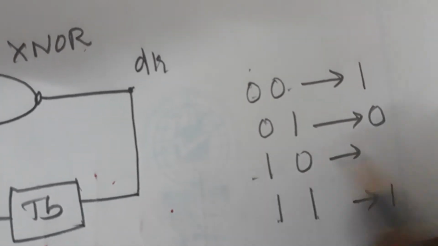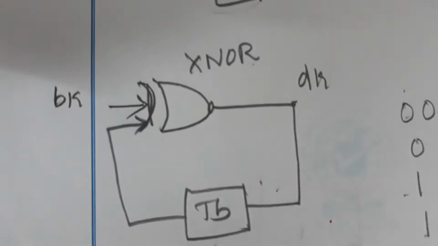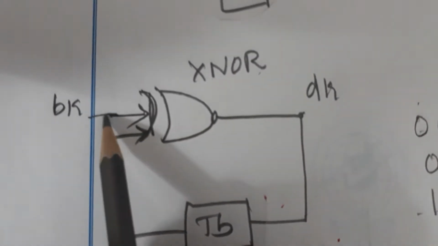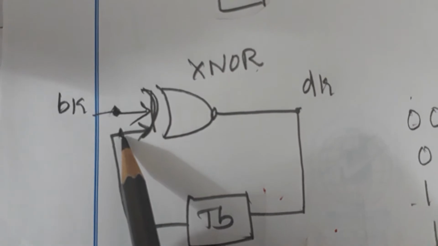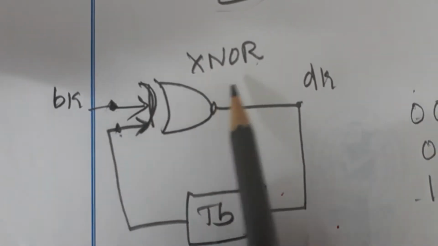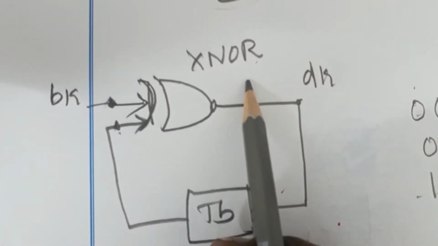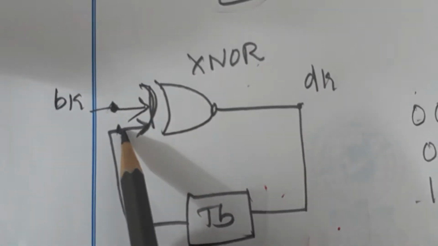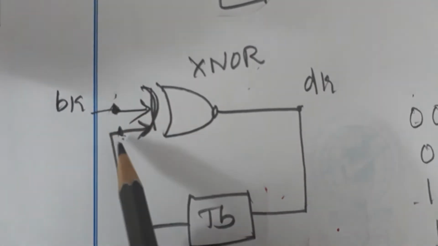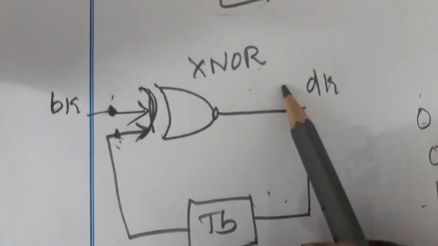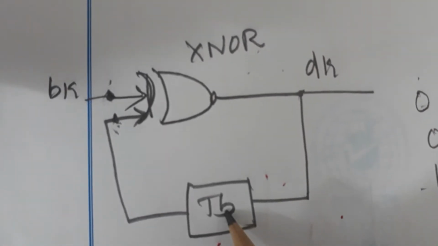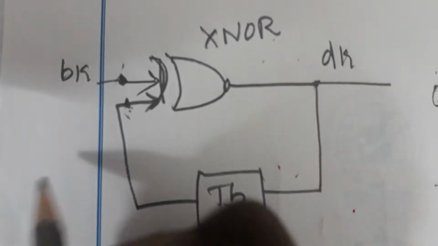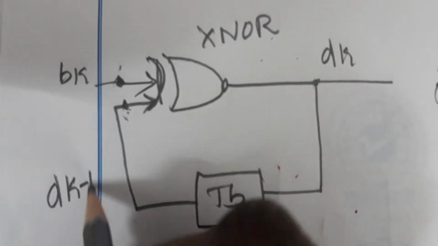So I will repeat: if this value and this value are different, the output of the XNOR is 0. If they are the same, like 0 0 or 1 1, the output is high. Remember, this output is delayed and is given here. So it is DK minus 1.